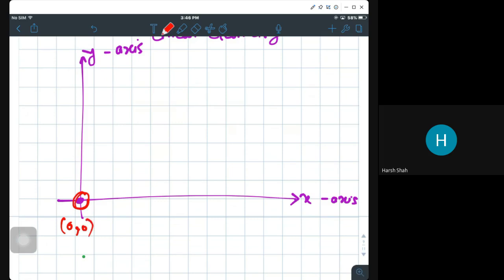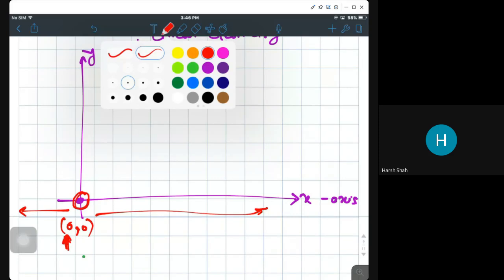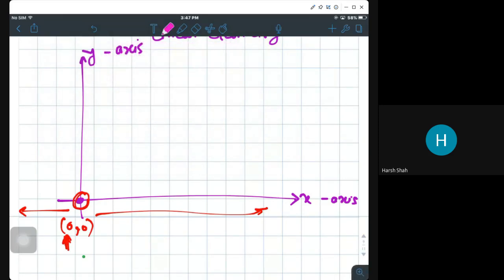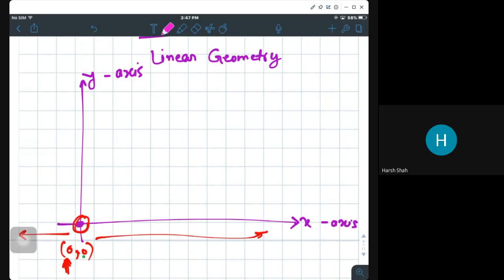If I move this side, I increase this part. If I move this side, I decrease this part, right? Similarly, if I move upwards, I'll increase the second 0.